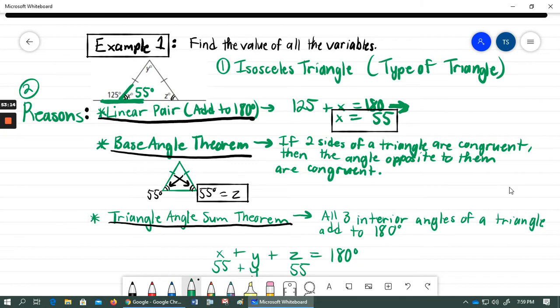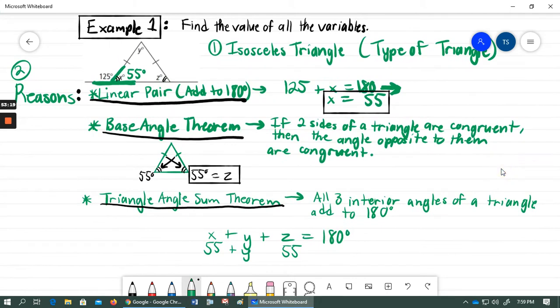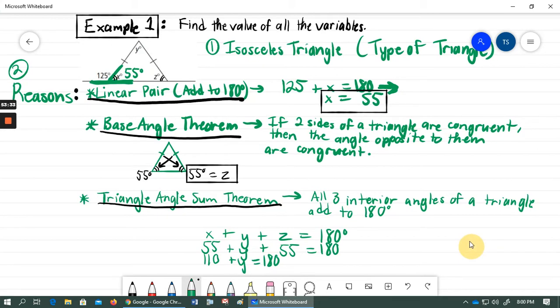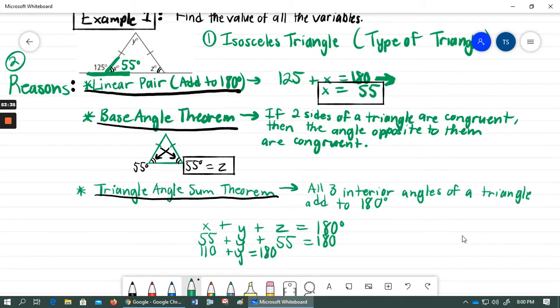And the only thing that we need to find here is Y. So 55 plus 55 is 110. We subtract 110 from both sides of 180, and we get Y equals 70. Okay, great. Y is 70.